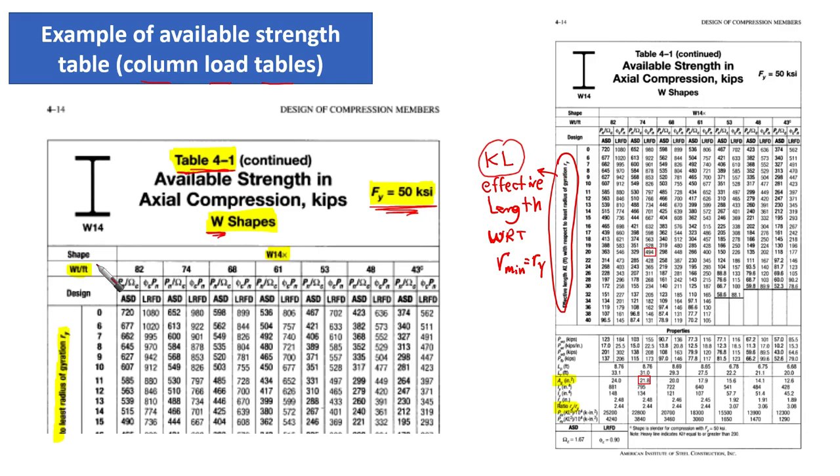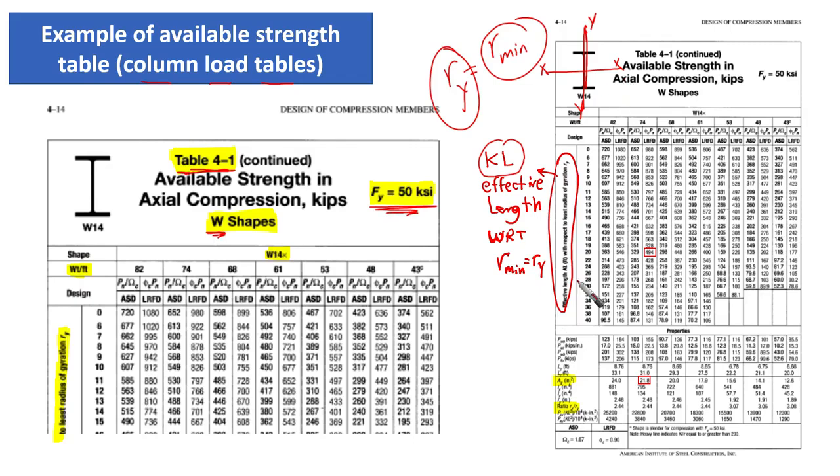You are going to find that the tables are provided, and in the left column we give you the effective length with respect to the minimum radius of gyration, which is ry, because this is x and here this is y. So whenever we talk about r minimum, we are talking about exactly ry. The minimum radius of gyration is related to ry, not rx.